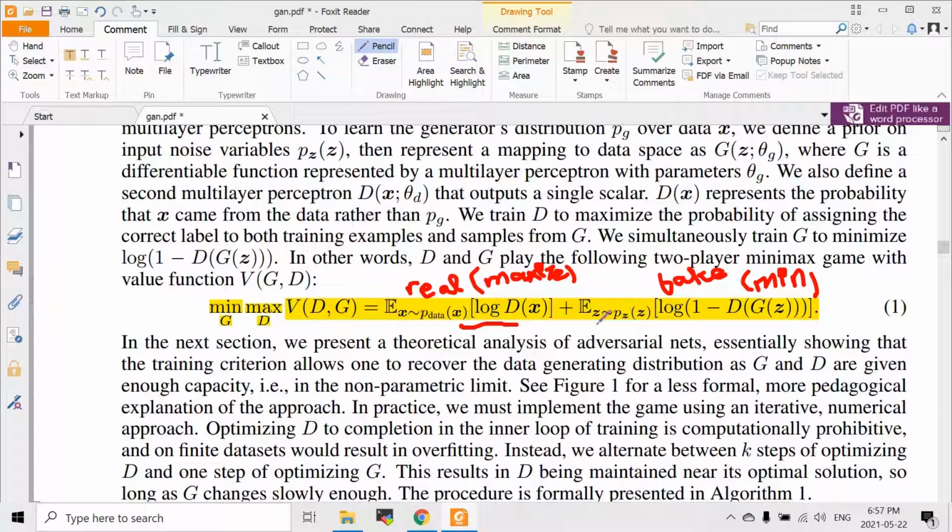This is the prior on the noise distribution. While the discriminator is doing all of that, the generator's goal is to minimize this value, so it's going to take an adversarial step and try to update its values to minimize this whole value.